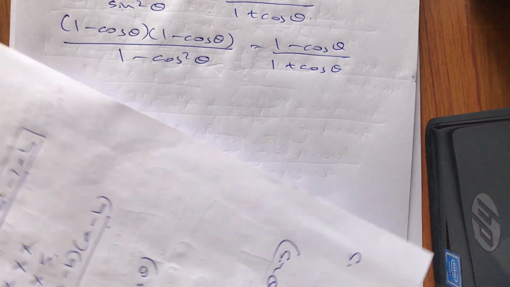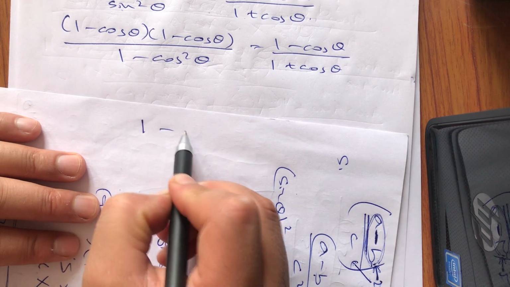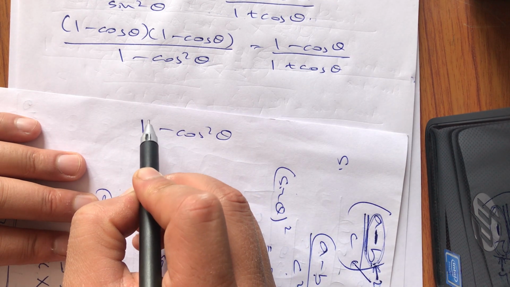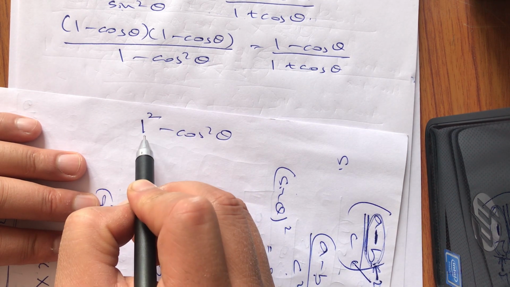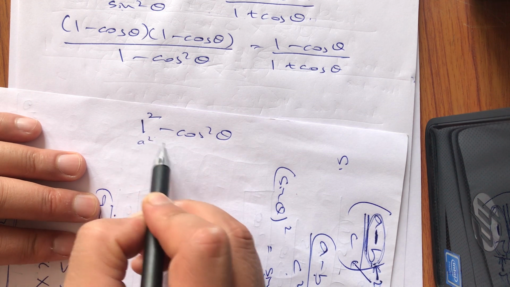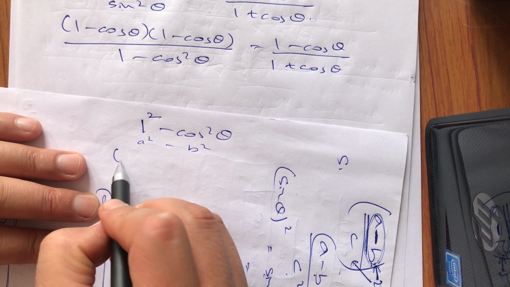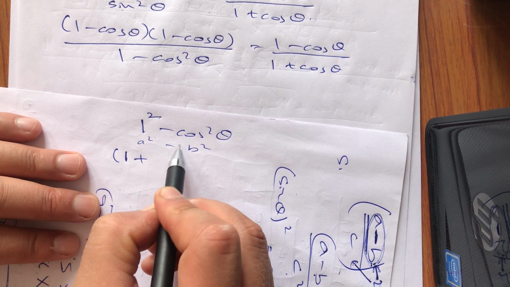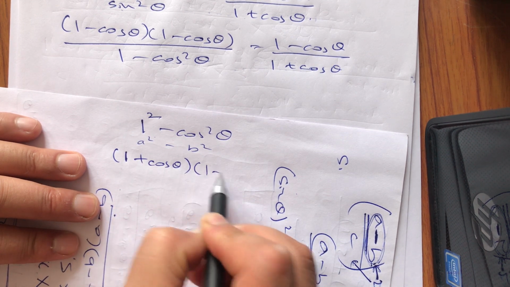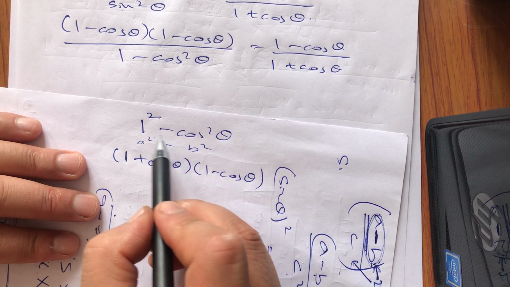Similarly, now if I see 1 minus cos square theta, I can imagine it to be 1 square, and then it looks like a square minus b square. The formula is a plus b, a minus b. So I can write it as 1 plus cos theta, and 1 minus cos theta.